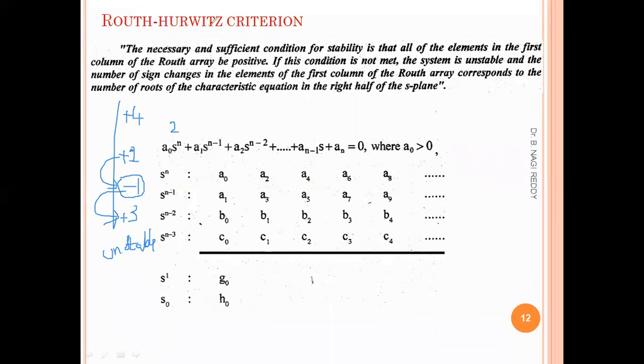According to the Routh-Hurwitz criteria, the number of sign changes gives the number of roots on the right half of the S-plane. So here we have two roots lying on the right half of the S-plane. Of course, the system is unstable because we got the negative coefficient.